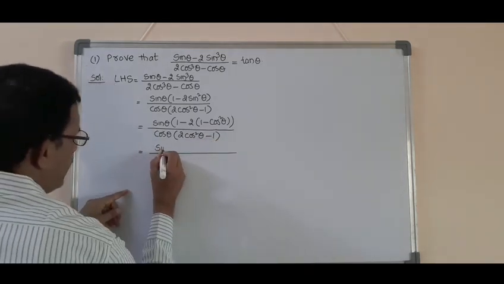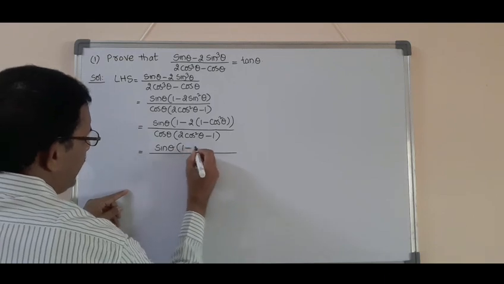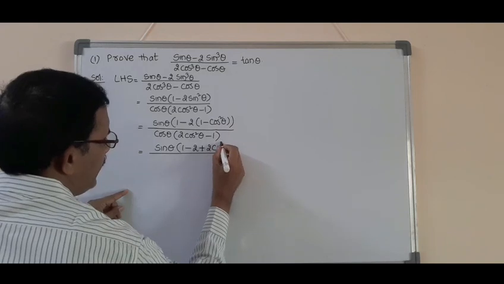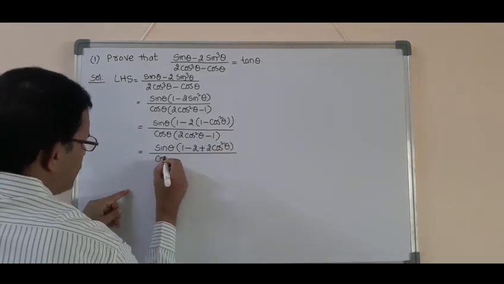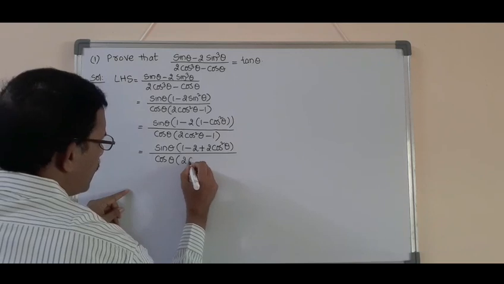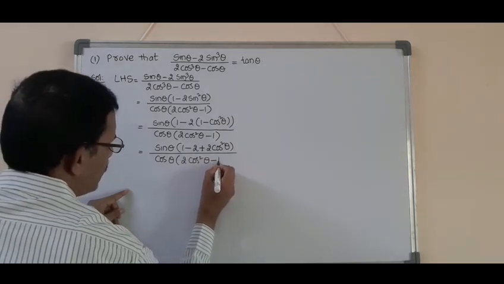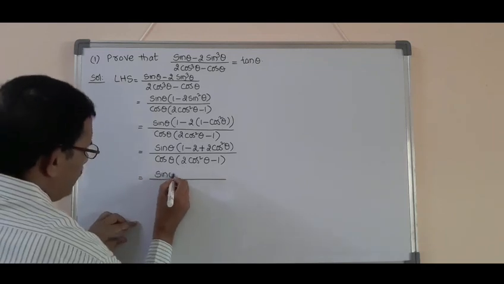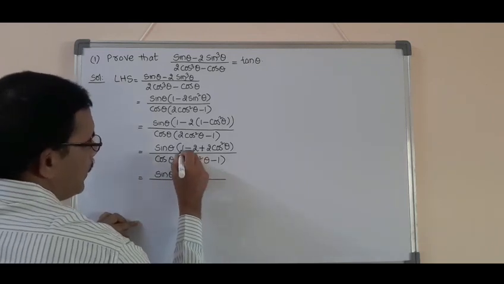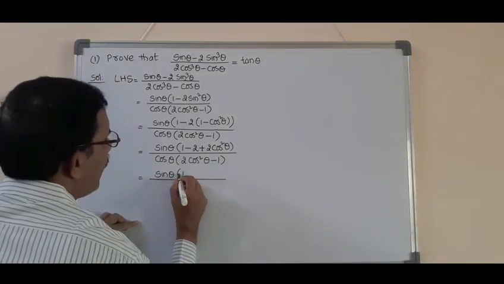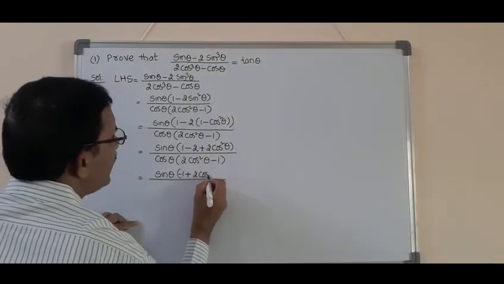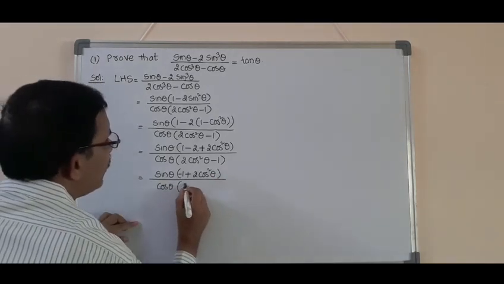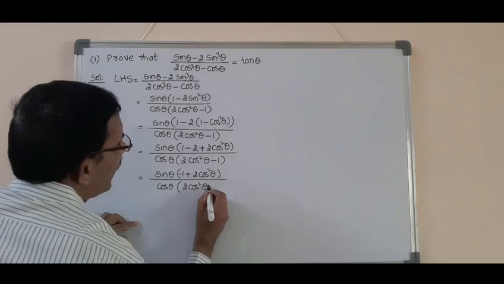Now sin theta into (1 minus 2 minus of minus plus 2 cos square theta) by cos theta into (2 cos square theta minus 1), that is equal to sin theta into (1 minus 2 plus 2 cos square theta) by cos theta into (2 cos square theta minus 1).